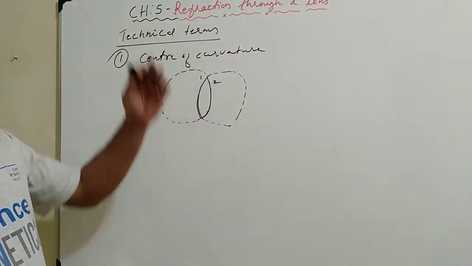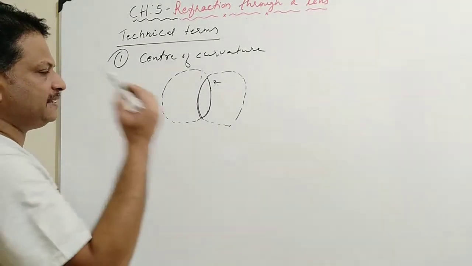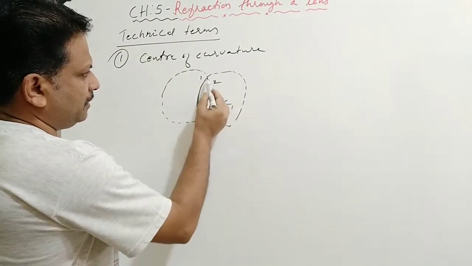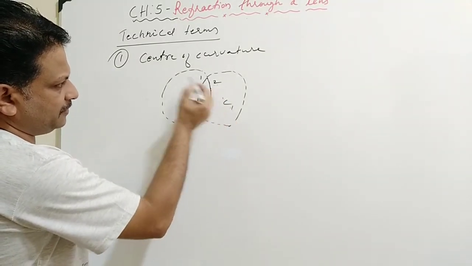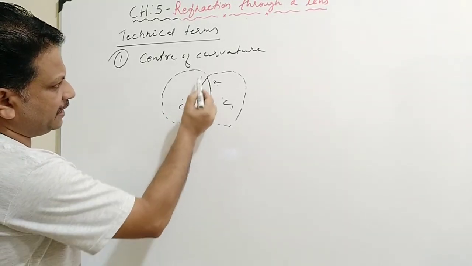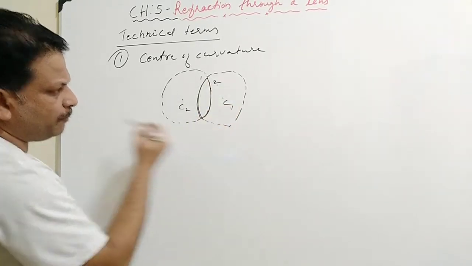Then what is center of curvature? Center of curvature is nothing but the center of the sphere of which the curved surface is a part. C1 is for spherical surface 1, and C2 is the center of the sphere of which curved surface 2 is a part.